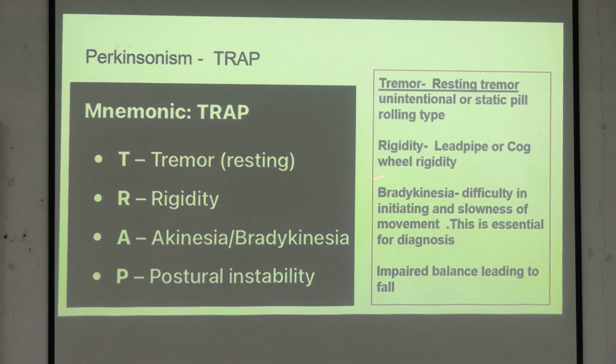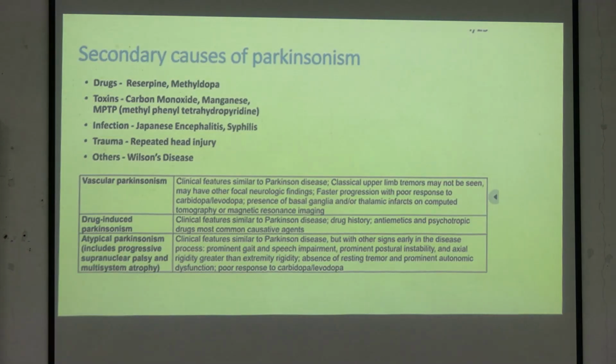Bradykinesia is difficulty in initiating and slowness of movement. If the patient is asked to start a movement, he hesitates, thinks, then moves his steps very slowly. So it is bradykinesia, difficulty in initiating, impaired balance, which may lead to falls also.